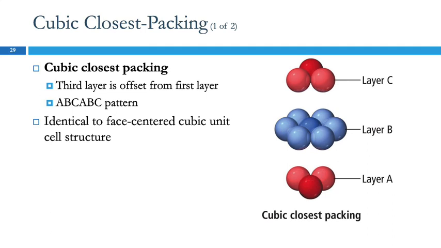And then we have another type of closest packing where the third layer is offset from the first layer. So here, this layer is not in line with either of the other 2 layers. And this actually gives us a structure that's identical to the face-centered cubic unit cell.